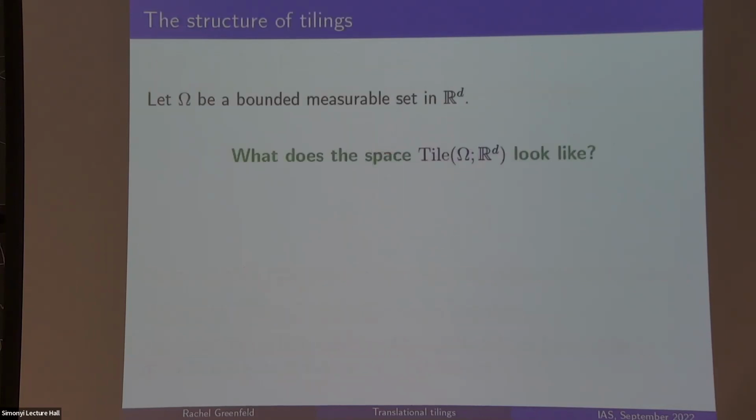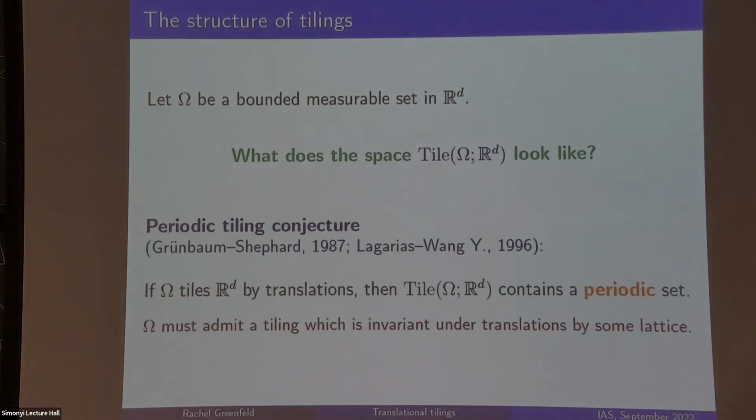Anyway, I hope we get a feel that the question about the structure of tilings is highly non-trivial. And perhaps the most well-known conjecture in the area is the periodic tiling conjecture. This conjecture asserts that if my set omega is a tile of R^d, then it admits a periodic tiling.